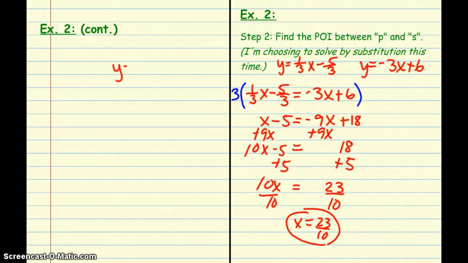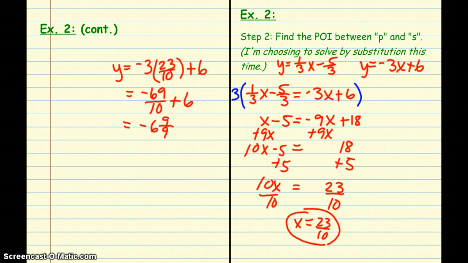So I got y equals -3 times 23/10 plus 6. This gives me -69/10 plus 6. That's -6 9/10 plus 6. Oops, that should not be 9. That should be 10.